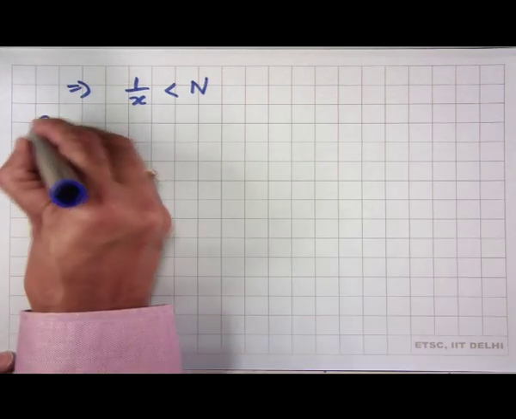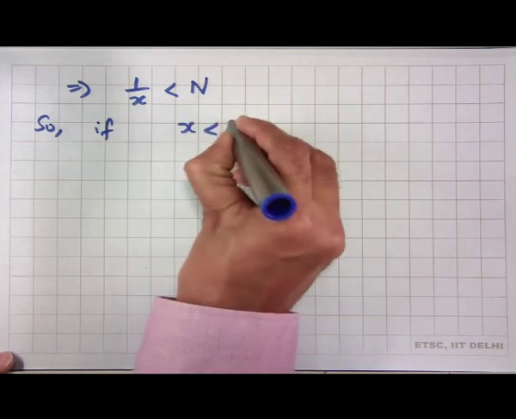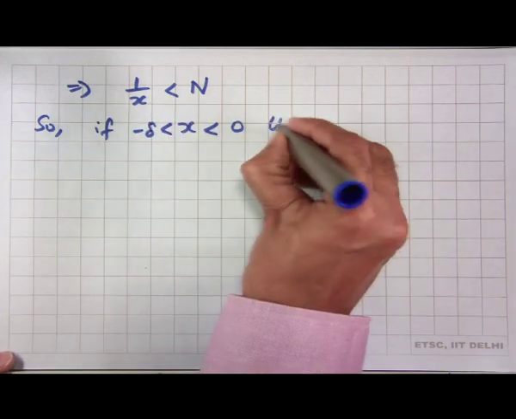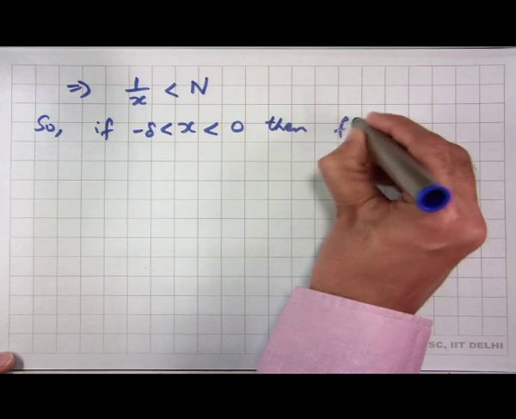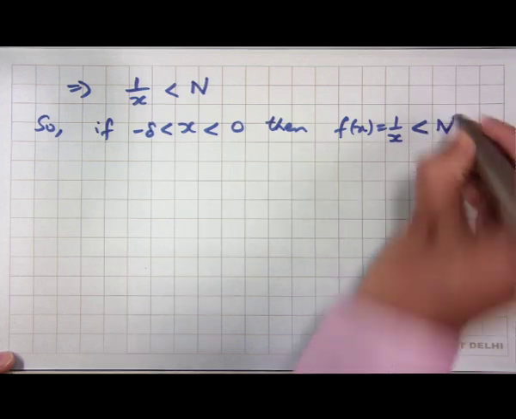So, if x is less than 0 and greater than minus delta, then f of x equal to 1 by x is less than n.